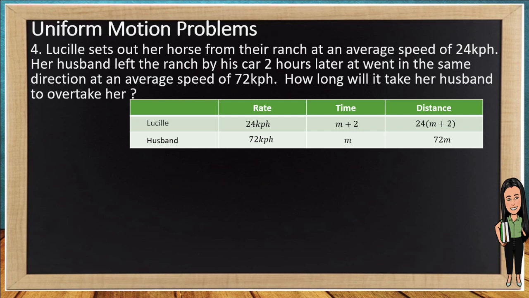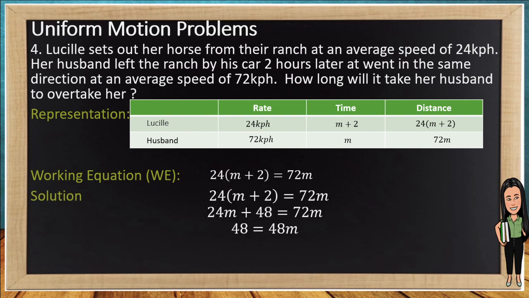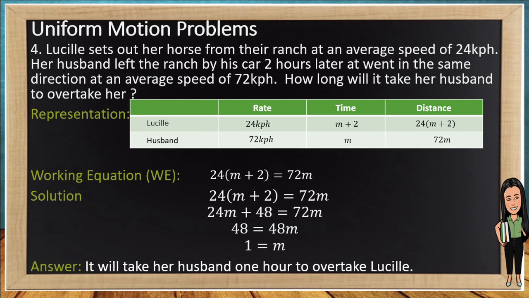Ibig sabihin, i-equate lang uli natin yung distance. Okay. And then, solve. M is equal to 1. It means, after 1 hour of traveling, yung husband niya was already able to overtake her.